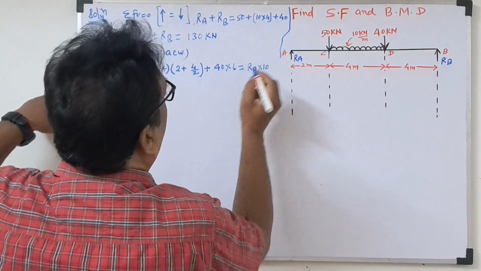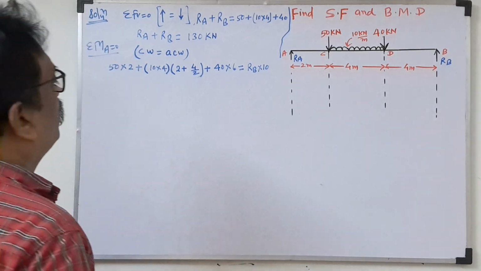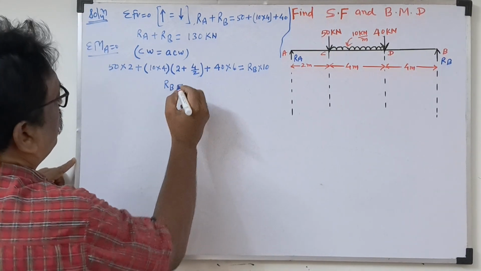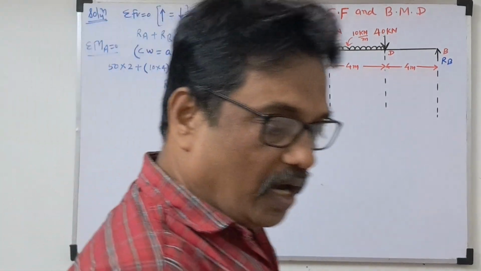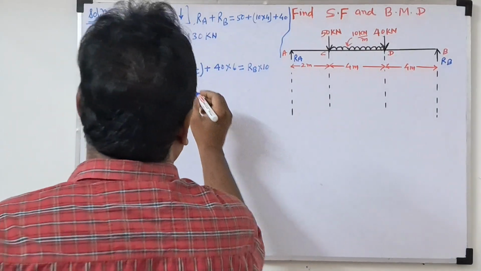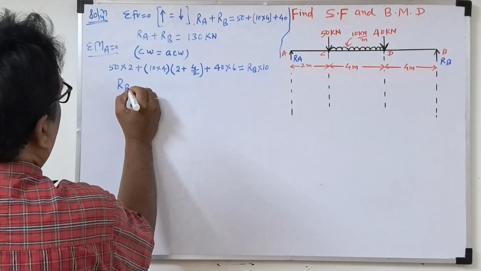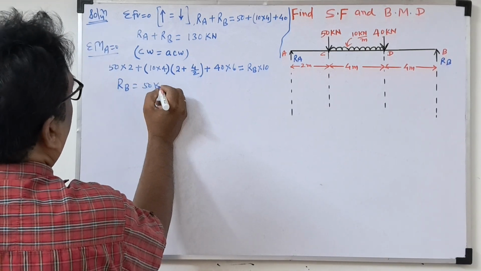If we calculate this, RB will come 50 kilonewton.